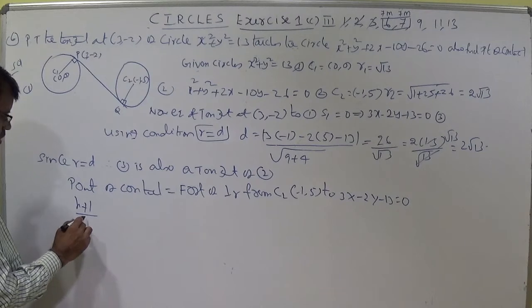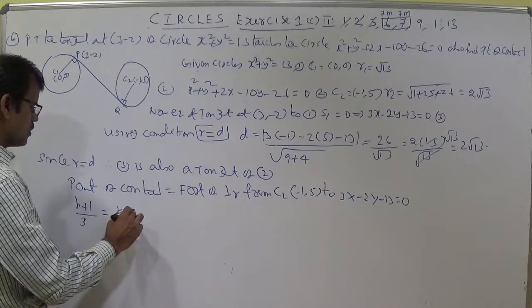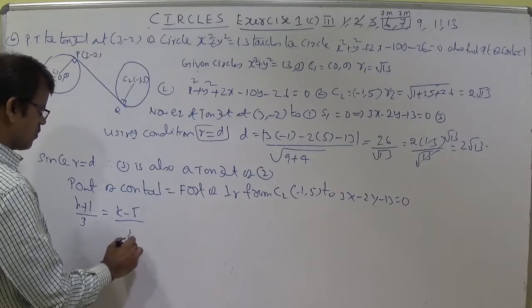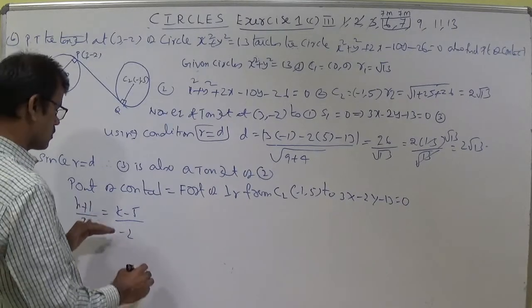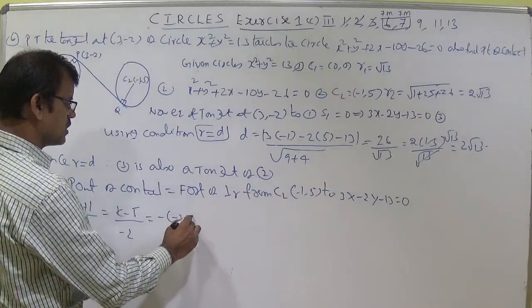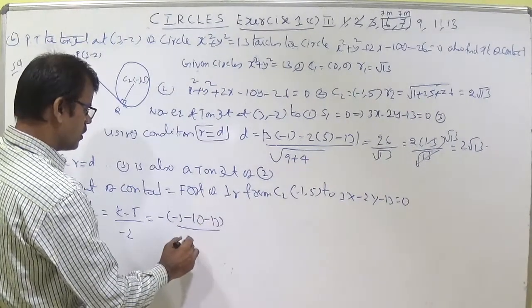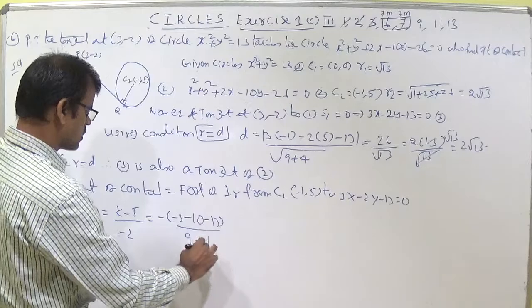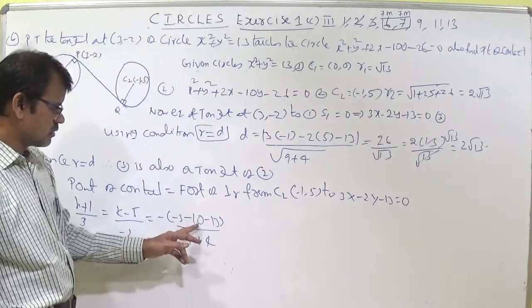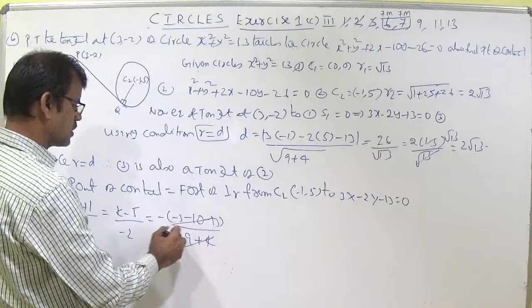So write here (h minus of minus 1) by 3 is equal to (k minus 5) by minus 2 is equal to minus of (minus 3 minus 10 minus 13) whole by 9 plus 4, this is 13. This is minus 26, so minus of minus is plus 26, and 9 plus 4 is 13.